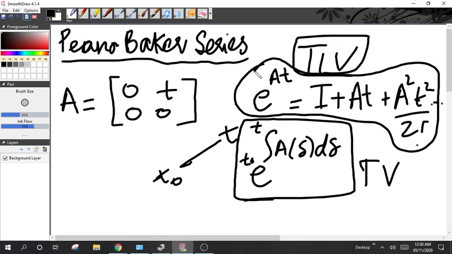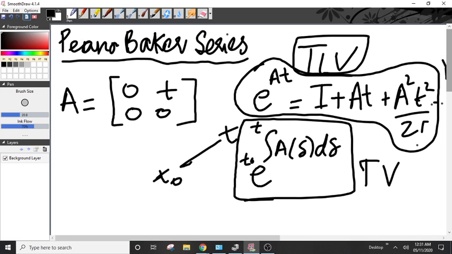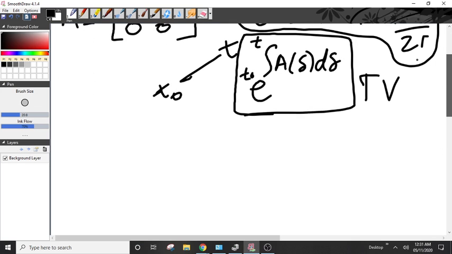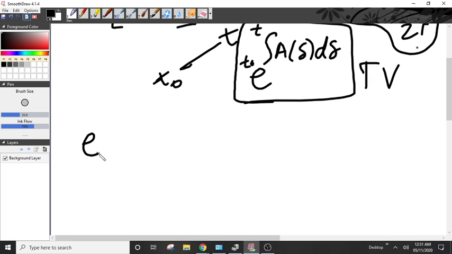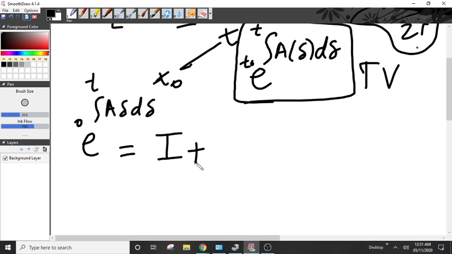So let's just assume that we consider t naught to be 0. If we consider t naught to be 0, then this integral will be e to the power integral 0 to t A(sigma) d sigma. And now if I open this series, I will have I plus this as my first term.